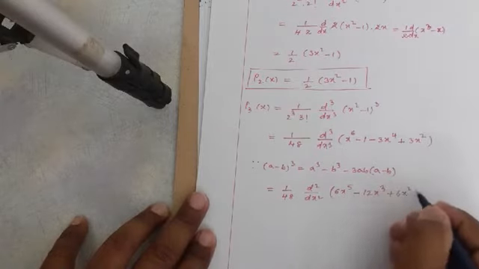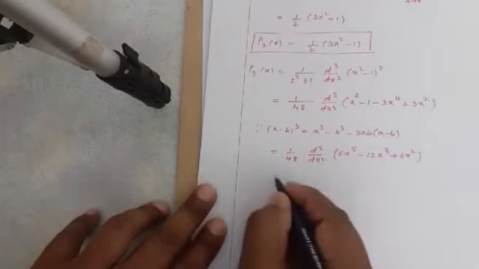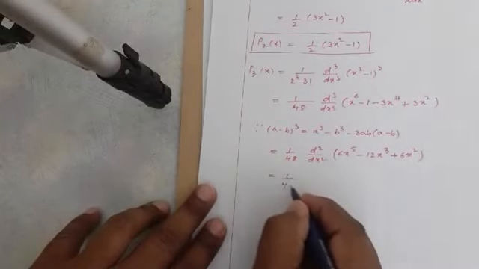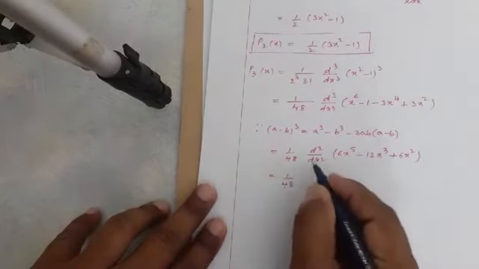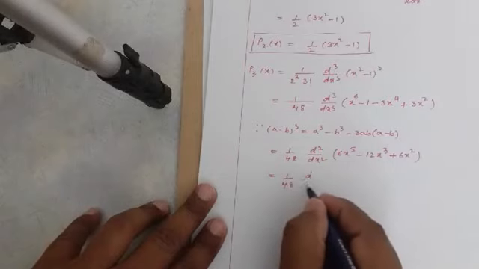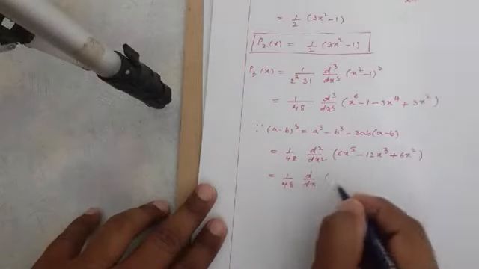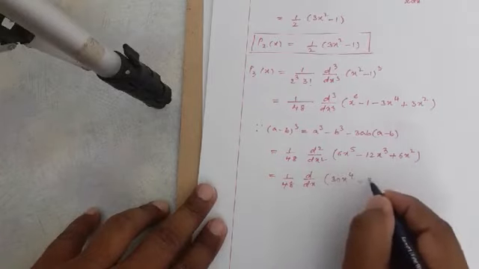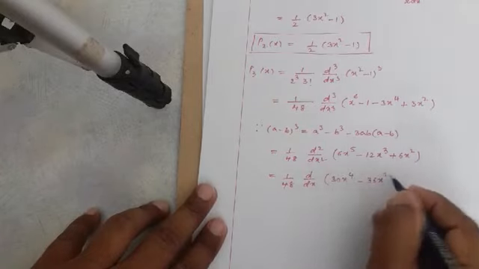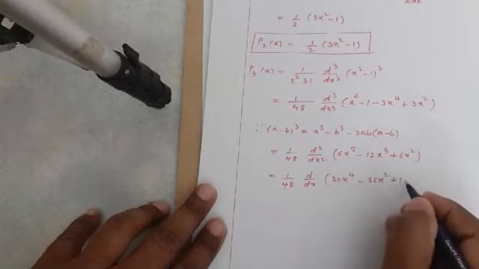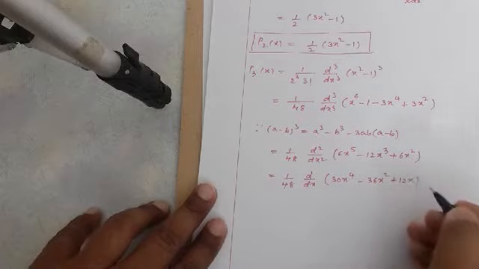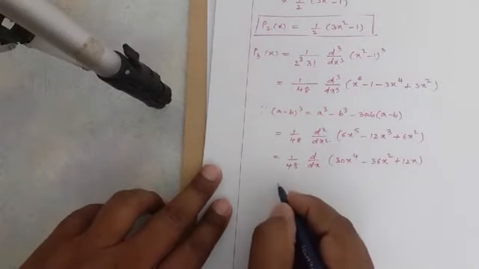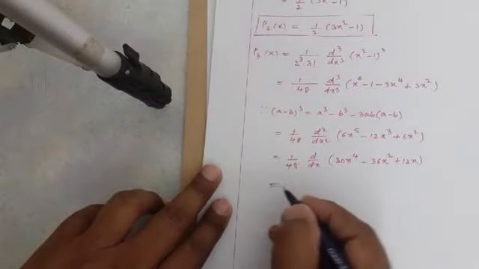Then when you differentiate again, this becomes 1 upon 48, d by dx of 30x power 4 minus 36x square plus 6.